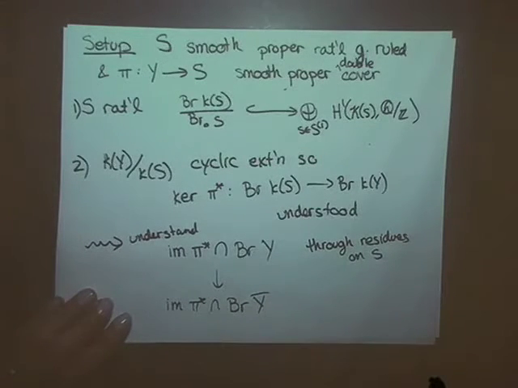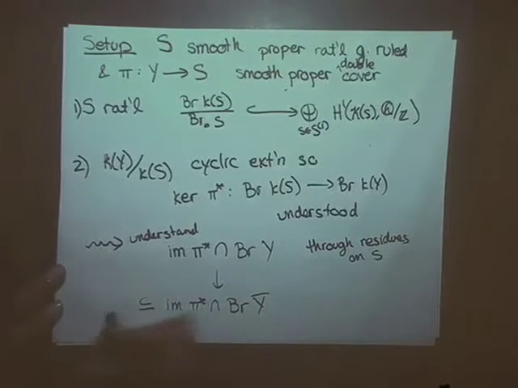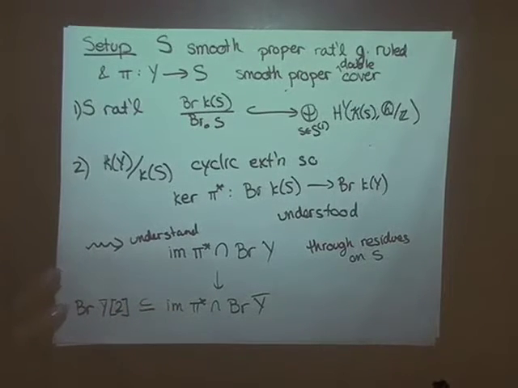So I also understand the elements of the algebraic closure, and then an amazing thing happens: this contains all of the two torsion of the surface.